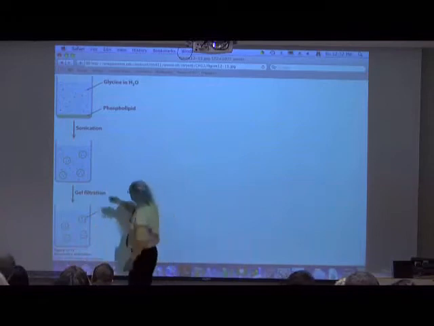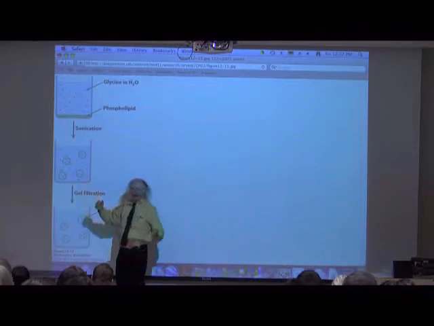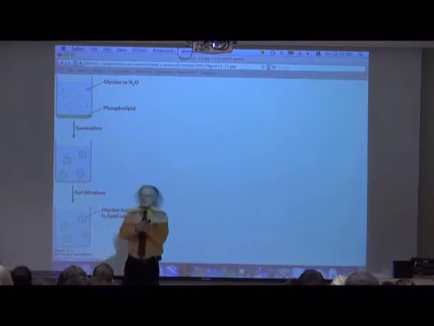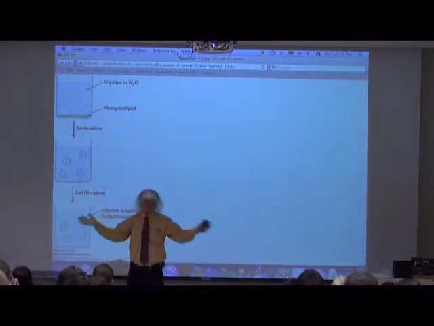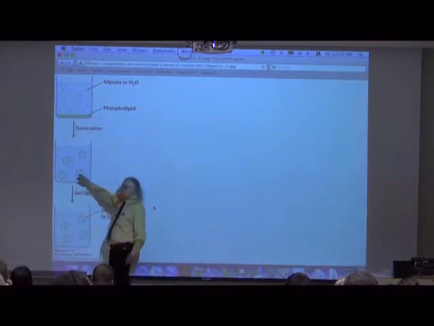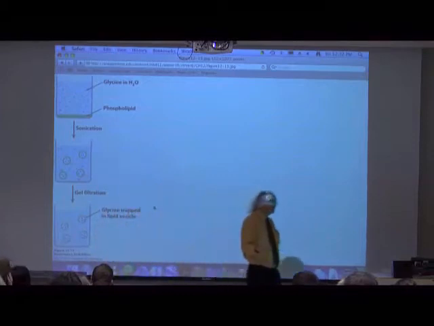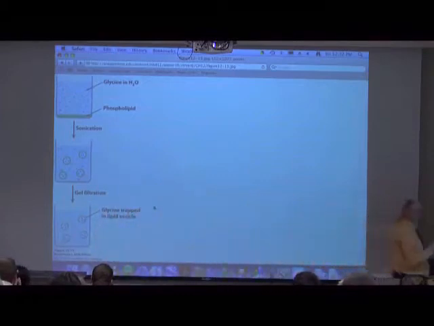Now, when I take this guy right here, which has a membrane almost exactly like a cell, and I scrunch it together with a cell, guess what happens? The membranes fuse. And now whatever is in here gets introduced into the inside of the cell. It's a very good way to introduce polar molecules into cells. Very, very cool way to do that.